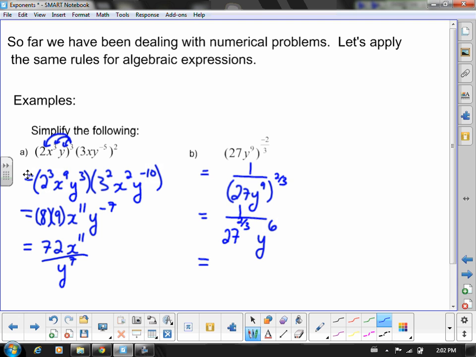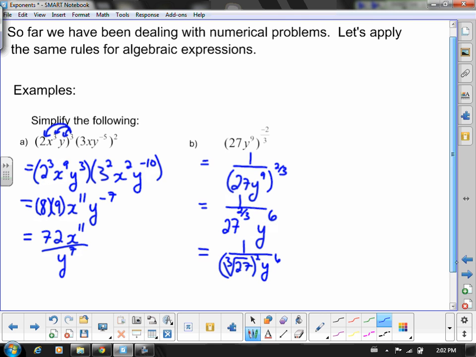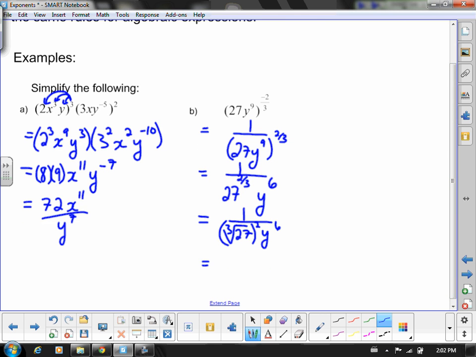So then I'm going to have 1 over the cube root of 27 squared y to the 6. So this becomes 1 over the cube root of 27 is 3, and then I square it, I get 9. So we have 9y to the 6. No negative exponents, simplified as much as possible.